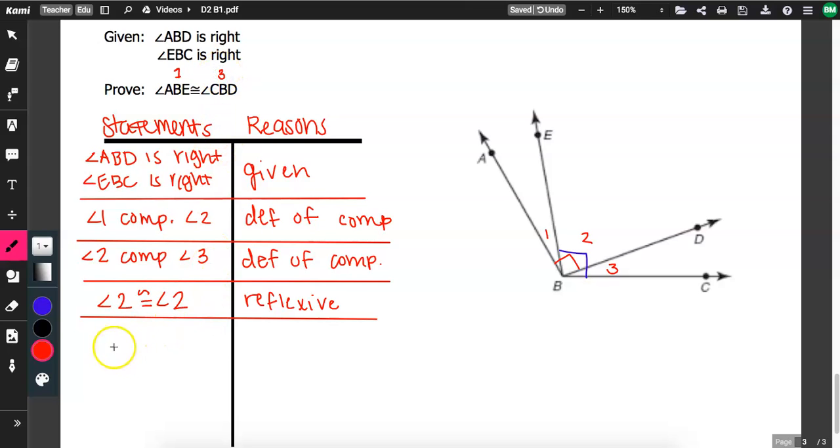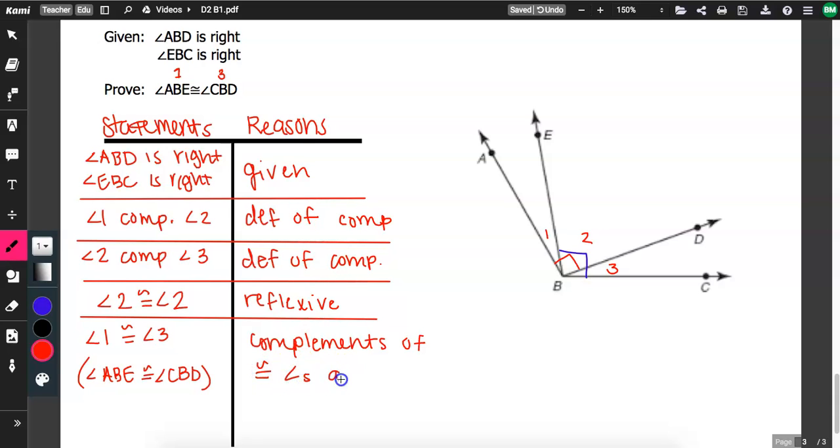So I can say that angle 1 is congruent to angle 3. For the same reason that I used before, complements of congruent angles are congruent. And I'm done because the angle 2 is the congruent one.